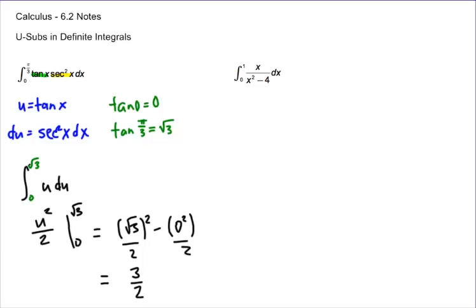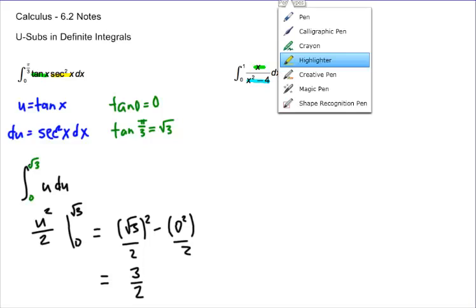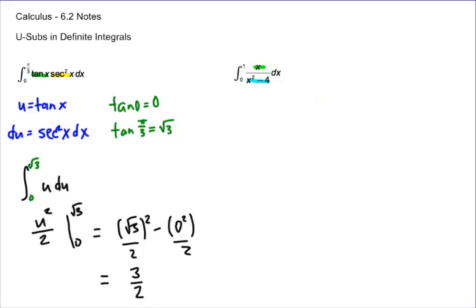Okay, so let's look at the last example here. Again, you want to look for something that's a derivative of something else. When I'm eyeballing this one, I've got an x and I've got an x squared minus 4. If I let u equal x squared minus 4, du is going to be 2x dx.